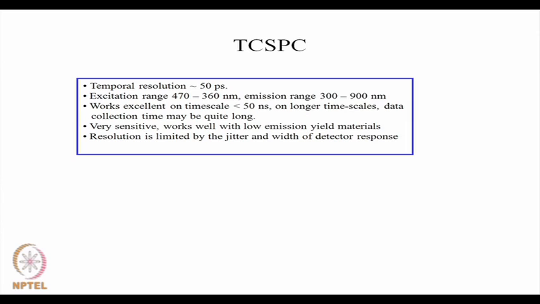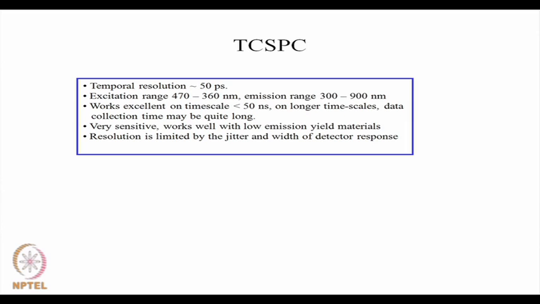It is a very sensitive apparatus and works well with low emission yield materials. Resolution is limited by the jitter and width of the detector response. There are other factors which may complicate the issue of time resolution, which we are not going to discuss here, but jitter and the width of the detector response are important.